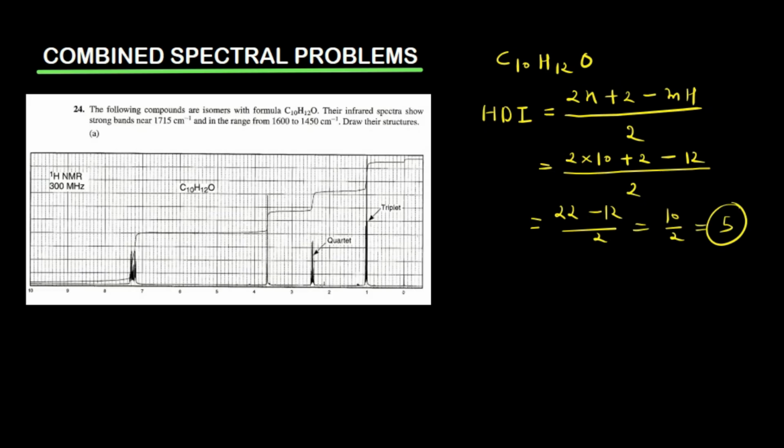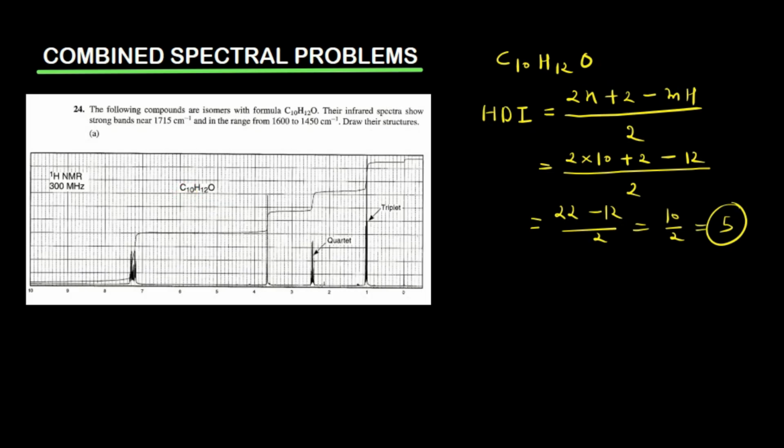That means this molecule may have 5 double bonds, right? And it may have, say, 5 rings, but the possibility of 5 rings is not there, because only 10 carbons are there. Even the possibility of 2 rings is not very comfortable with this molecular formula. Why? Because only 10 carbons are there.